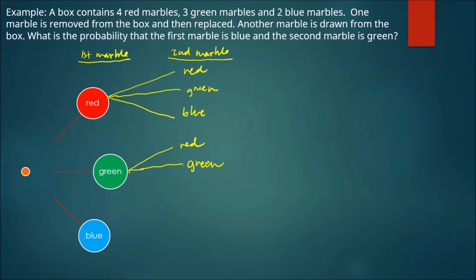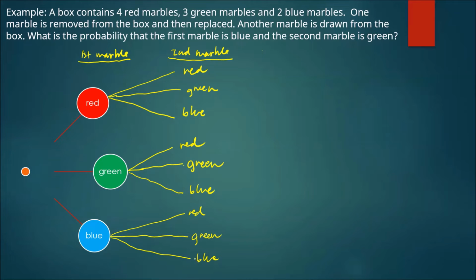And there is also a possibility that we could pick a blue marble. Now, if our first marble is blue, what is the color possibility for our second marble? Yes, it is also possible that our second marble would be red. It can also be green, and it can also be blue.